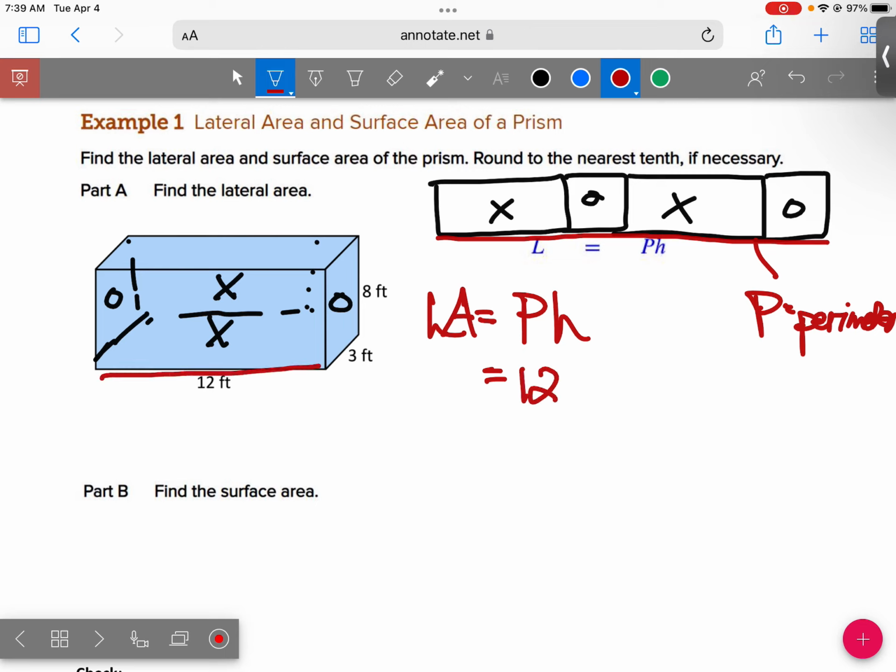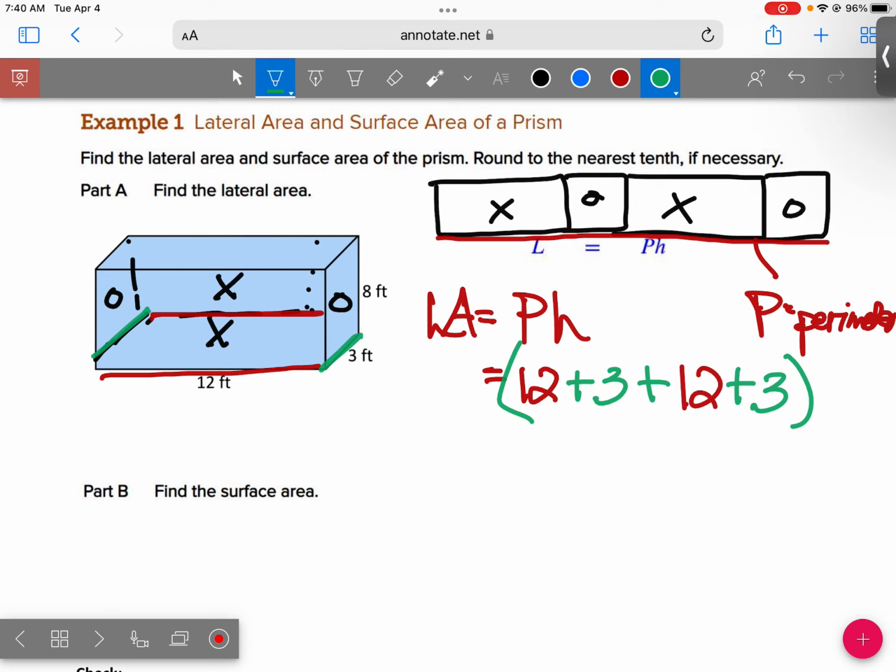And remember, perimeter, you're just adding them up. Plus 3. Plus, in the back, we have another 12. Plus 3. That's the perimeter. That's the distance all the way around, okay?